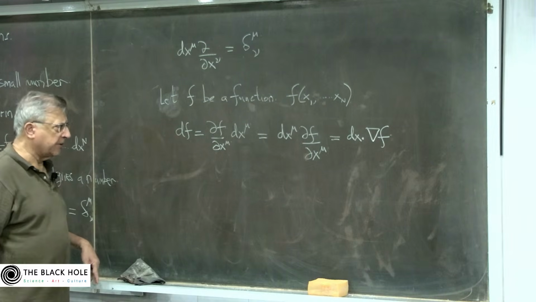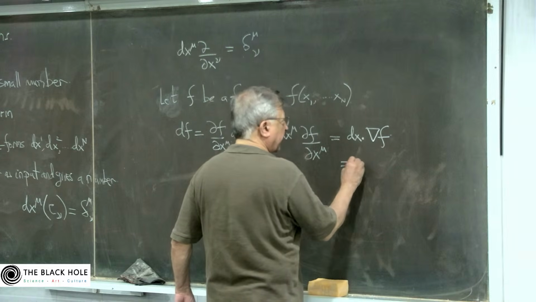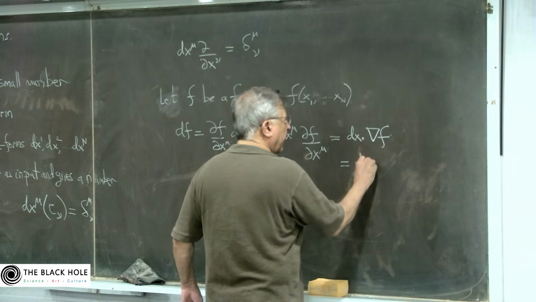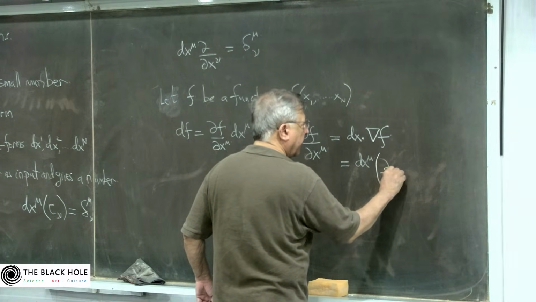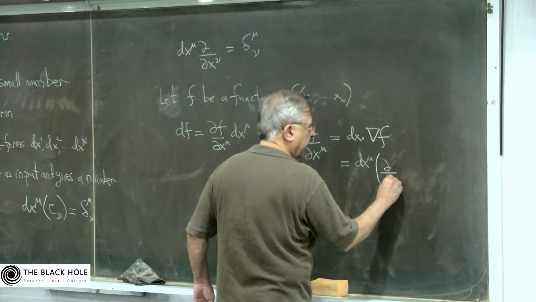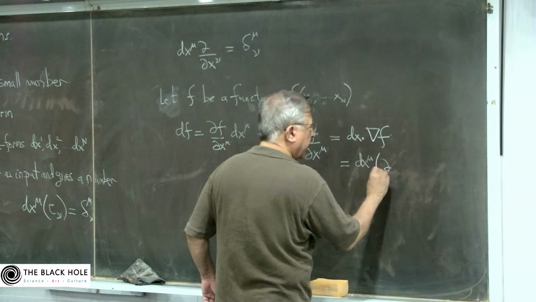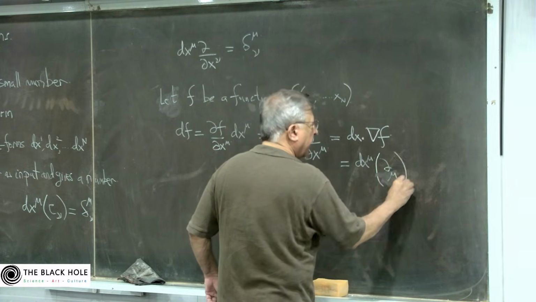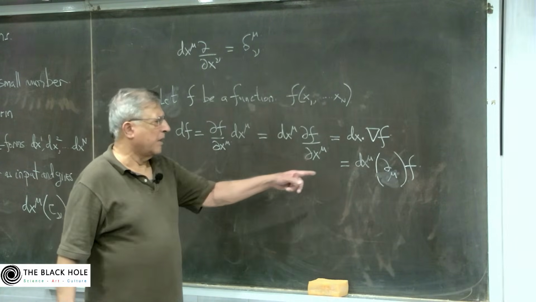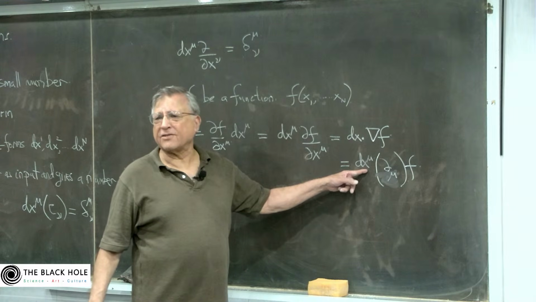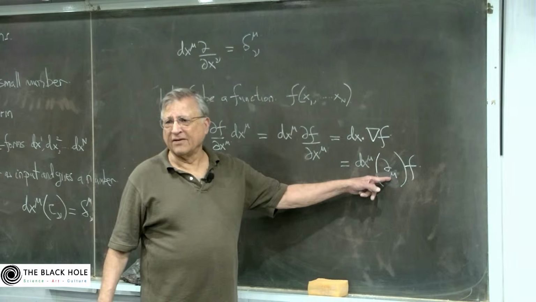All right, but on the other hand, we could write this as, now I'm thinking of this as a form, and the form is eating a vector.